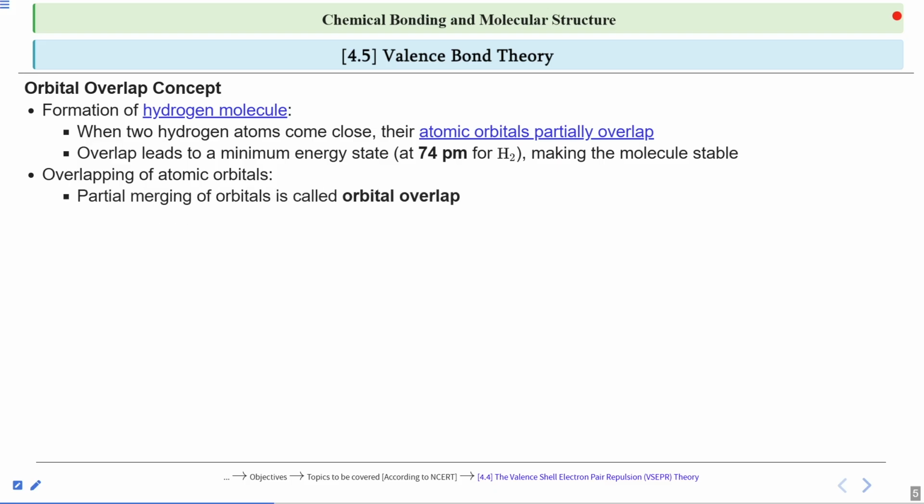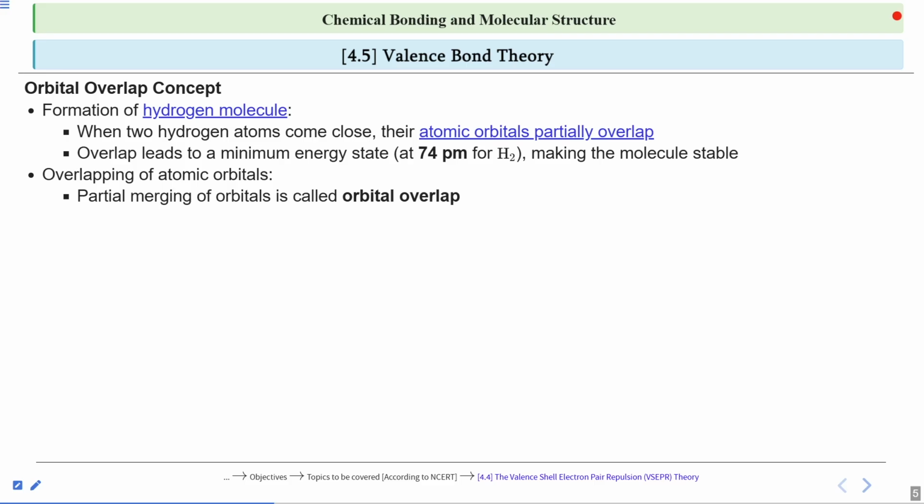Now this partial mixing or merging of the orbitals is called orbital overlap. We can define orbital overlap in this simple manner: the partial merging of the atomic orbitals is called orbital overlap. Now remember students, the merging is always partial. It will never happen that two atomic orbitals will be merged completely.